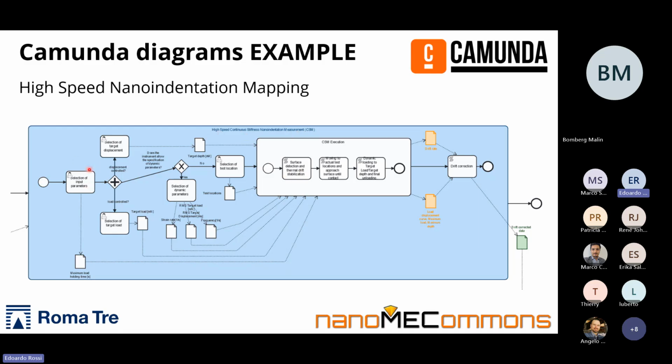So the definition of input parameters, you have definition of either the target displacement or the load of your indenter, and then you go to the selection of the dynamic parameters, so strain rate, dynamic displacement, frequencies. You pass through the test execution.